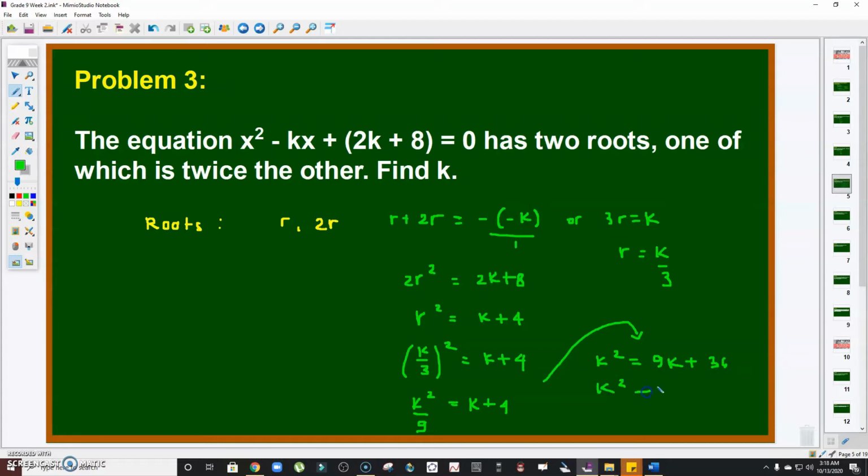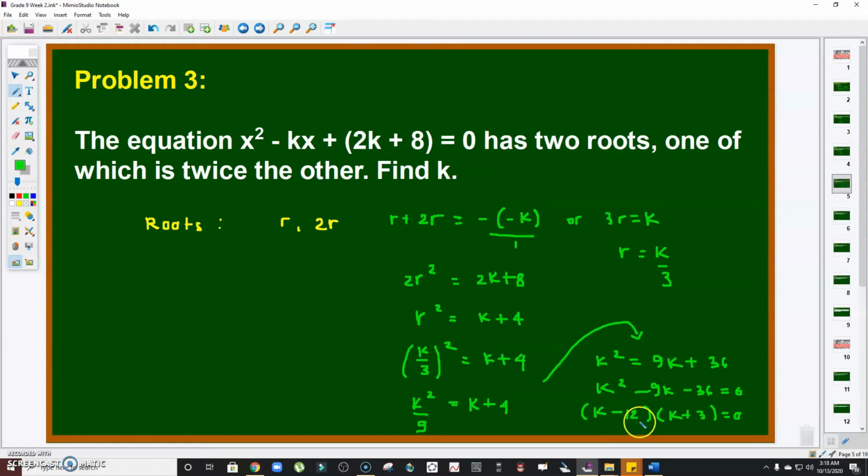Or, k squared minus 9k minus 36 equals 0. Now, factorable yan. So, what are the factors of this? So, k minus 12 and k plus 3 equals 0.